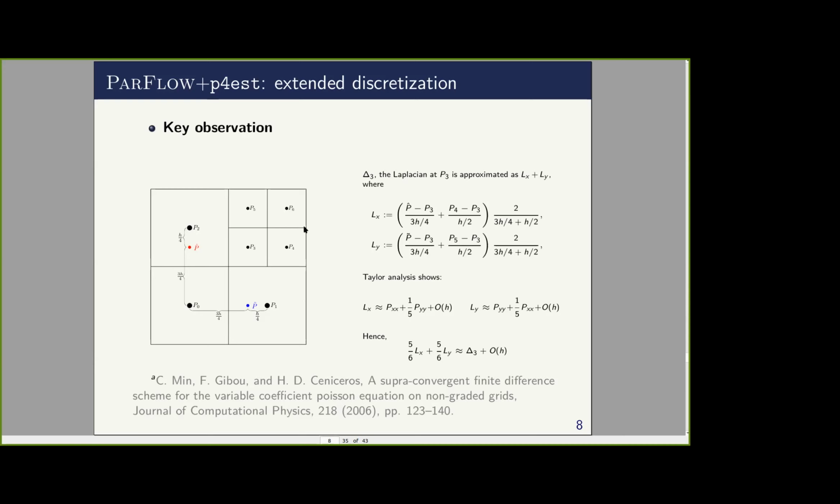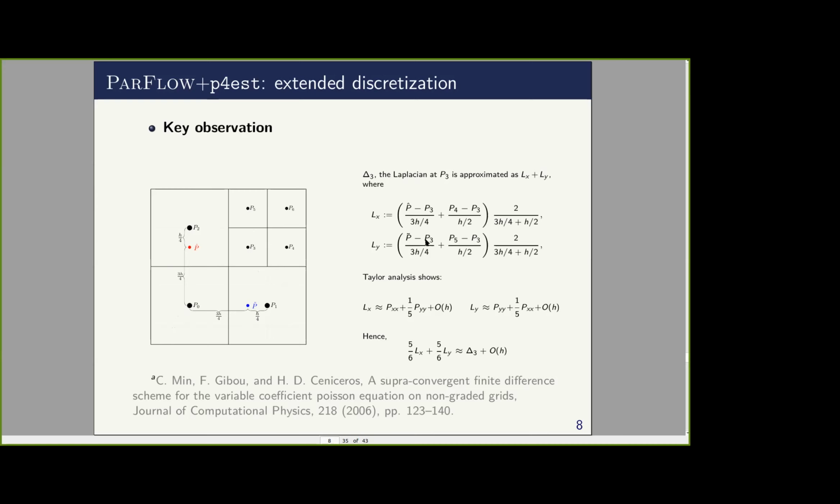If you are in a situation like in the picture, and you want to compute the Laplacian at the point P3, the available points are P5 and P4, and in a classical finite difference approach you would like to use P hat and P tilde, but you don't have them, so you interpolate them from the points you have.